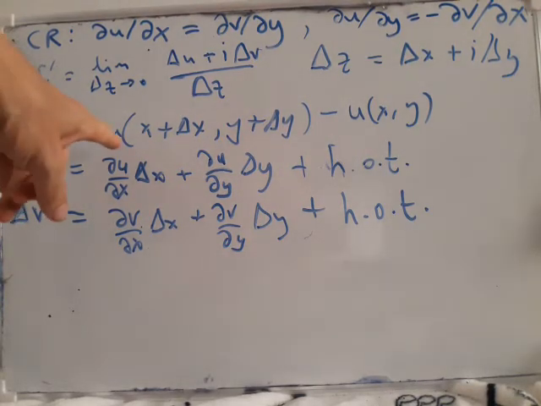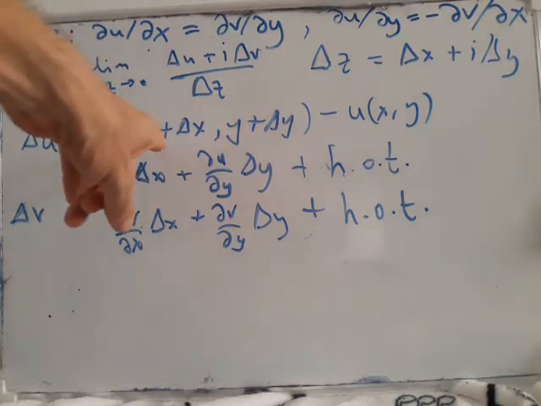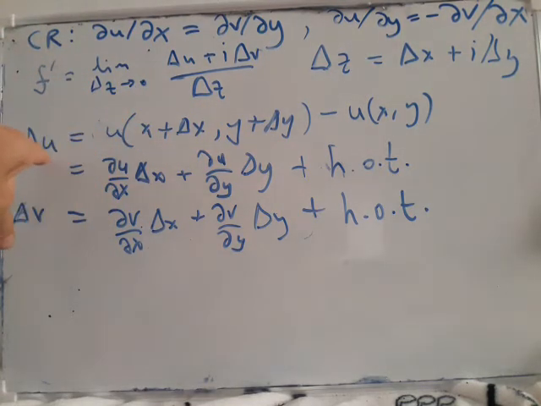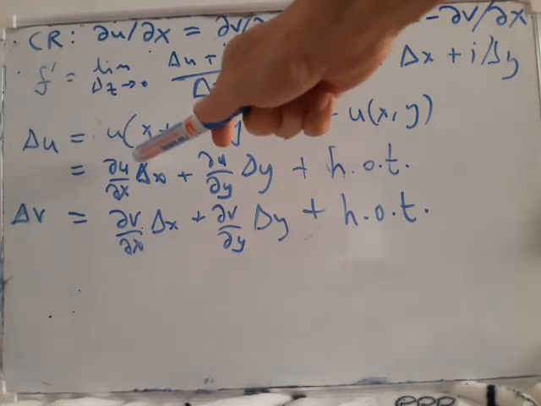Okay, so we can use Taylor's theorem for multivariable functions to write delta u in this way.